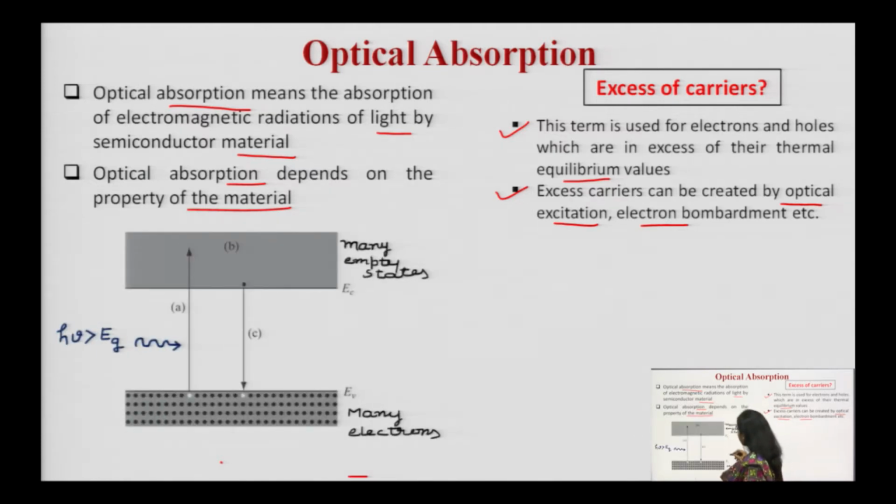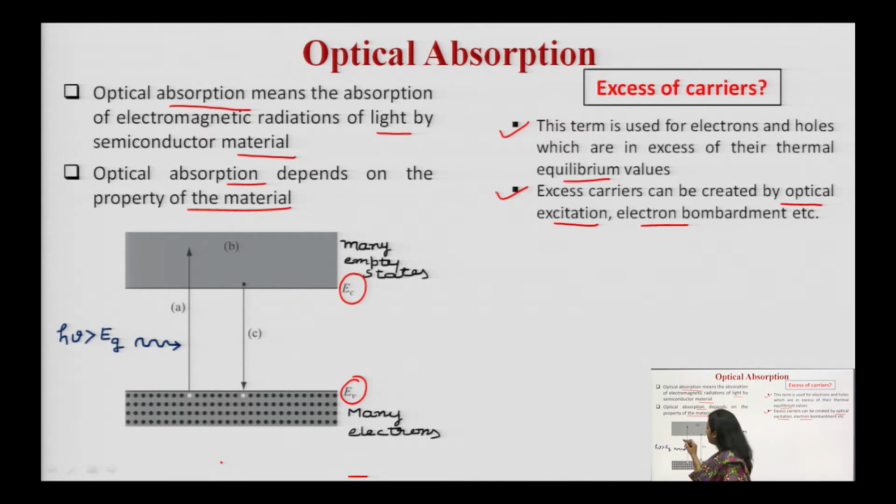You can see in this diagram the valence band and conduction band have been shown. In the valence band, you can see many electrons, these solid dots, and in the conduction band, many empty states are available. What will happen when a photon hits this semiconductor with an energy h nu which is greater than Eg?